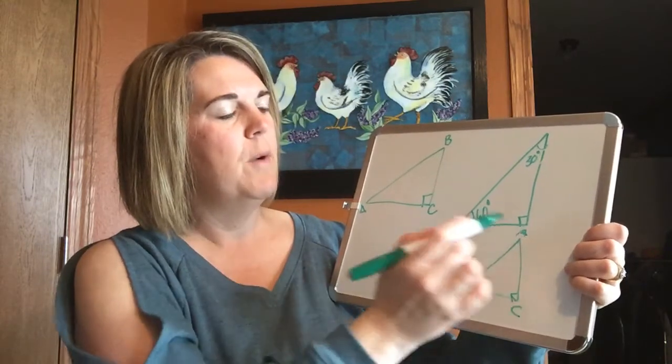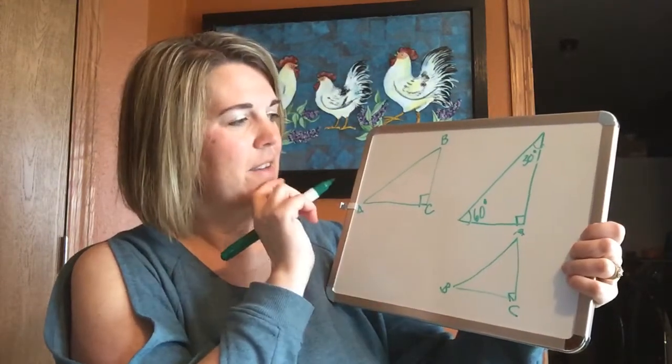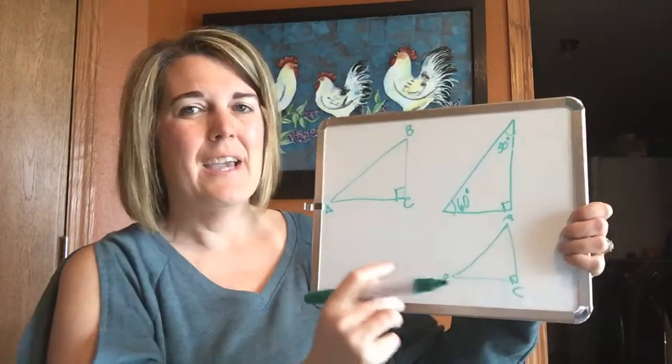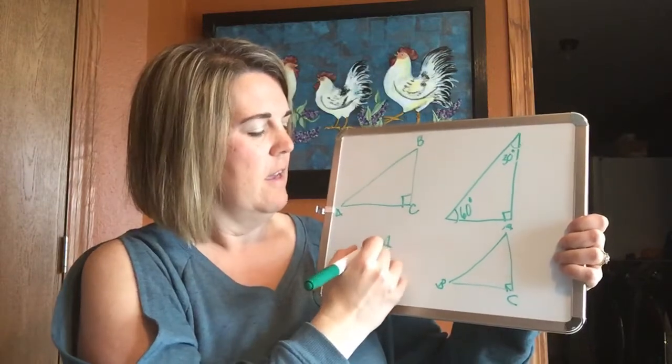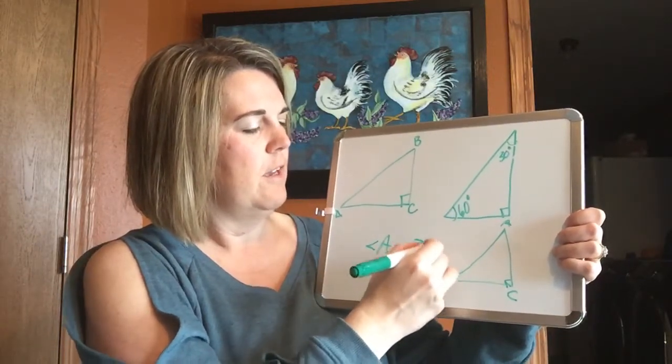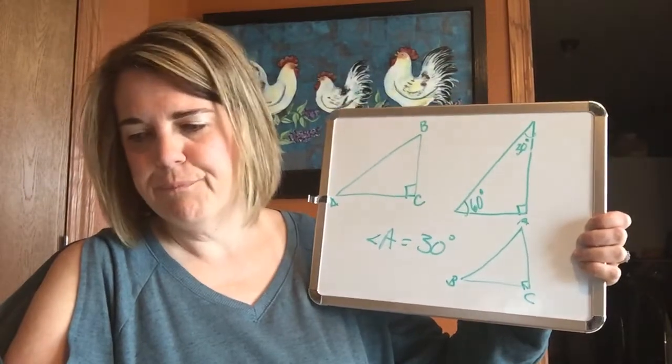So if I need to know the measure of angle A, I can look at my triangle that they gave me the measures on, and I know that angle A equals 30 degrees. So you're going to have to flip sometimes in your head. Now remember, similar figures have the same shape, but they don't have the same size. They do have the same angle measures. It says here are two important facts about, now that was with triangles. Now we're going to talk about polygons.